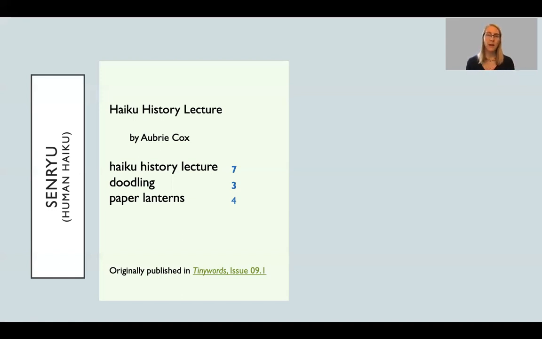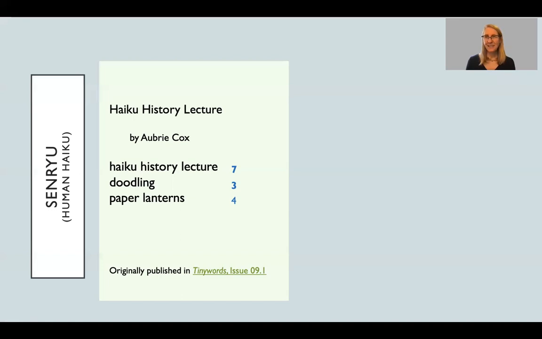There are a lot of different patterns that we can look to in Japanese traditional forms, but she has chosen a 7-3-4 for this particular poem. "Haiku history lecture, doodling paper lanterns."